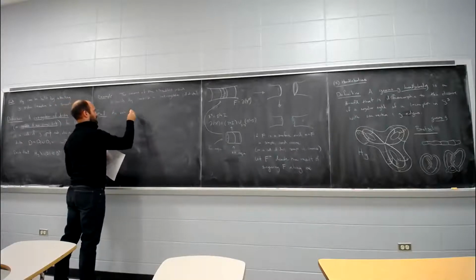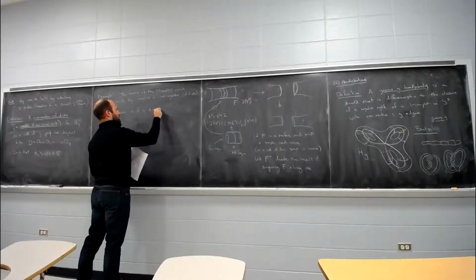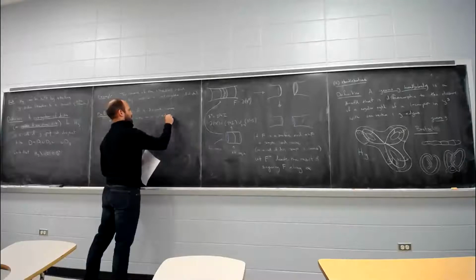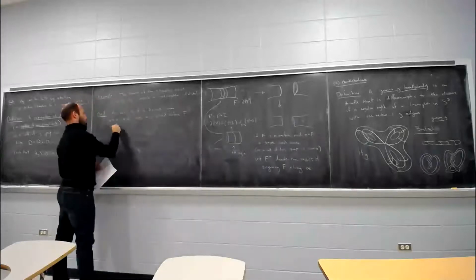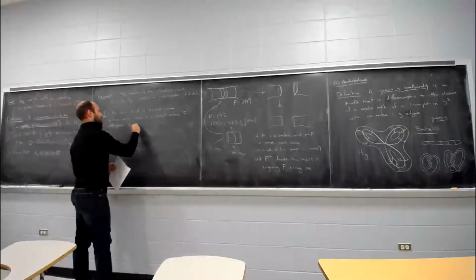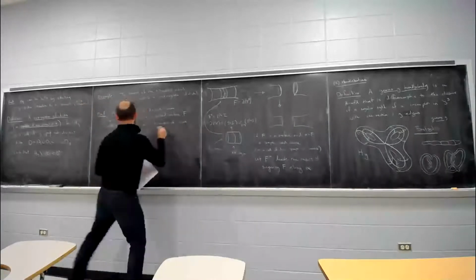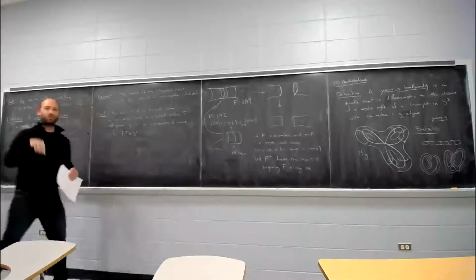An embedded collection of g disjoint curves alpha_1 through alpha_g on a closed surface F of genus g is a cut system of curves if the result of surgery on F along alpha is homeomorphic to a two-sphere.